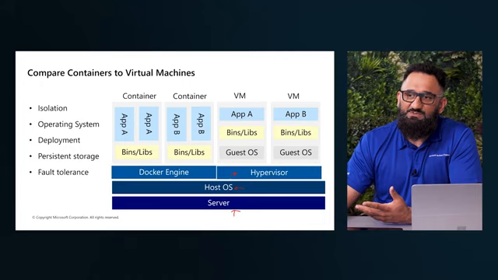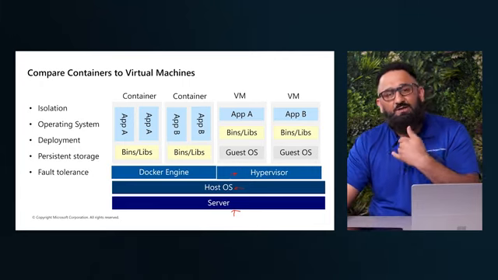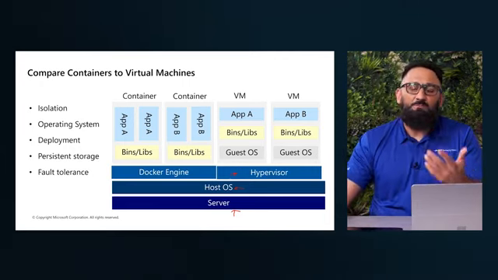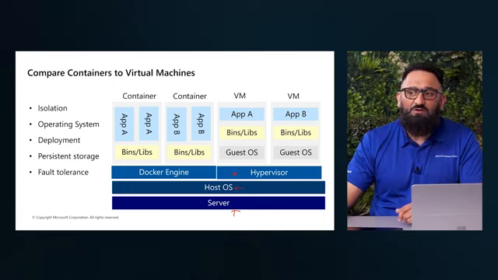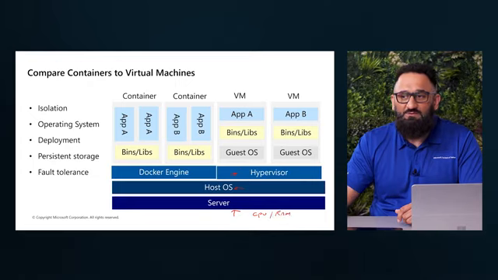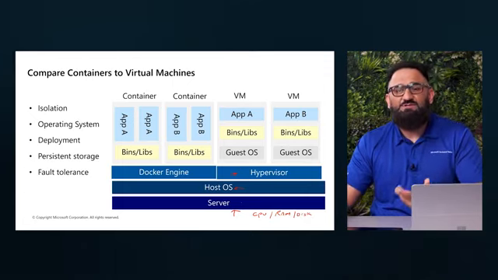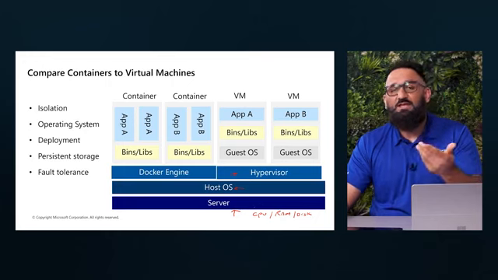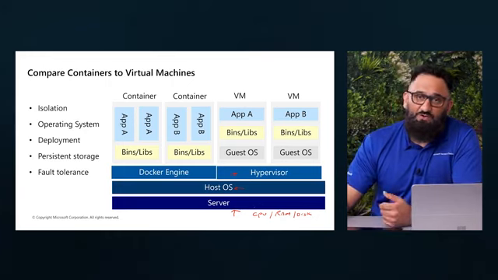Hypervisor is what typically allows you to virtualize the compute, the hardware that you have on your physical server. Things like your CPU power, your RAM, and some of the storage space that you have on your disk.